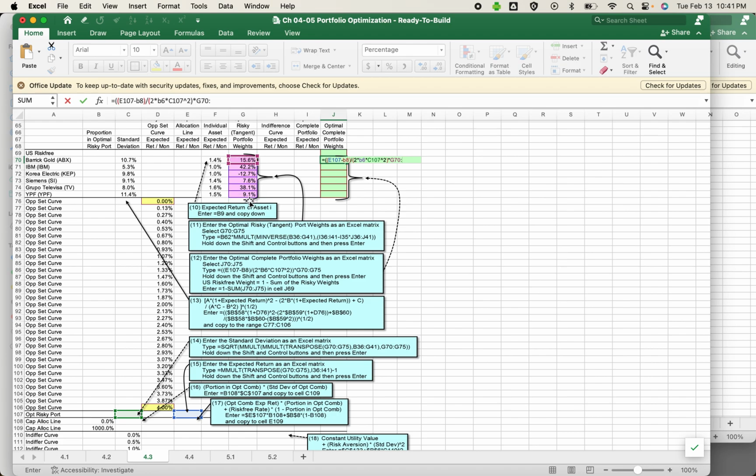And for some reason, I think this is because of the formatting here, when I drag this down, when I highlight all the way here, I get an error message. You may see something else, and the simple thing is just to type it all the way in, and it's 75.